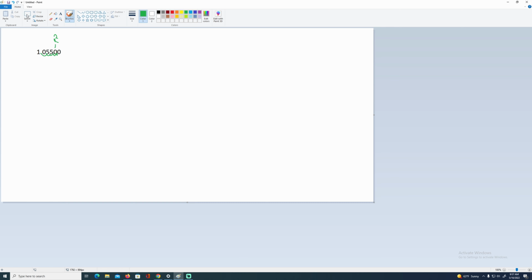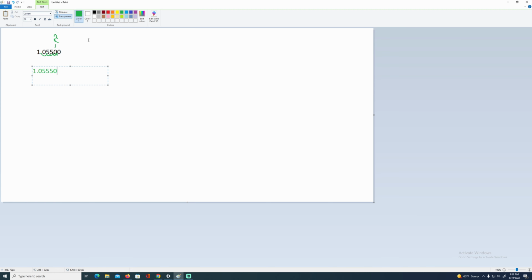So to calculate the pips, let's place another example here. Let's say price goes up, the Euro USD goes up in value, and now it's trading at 1.0550. Let's do that.